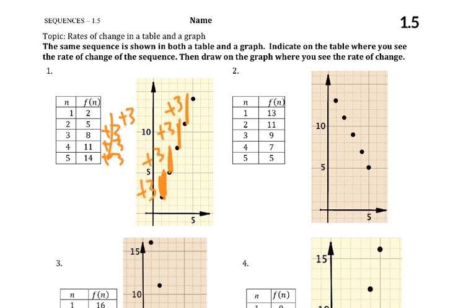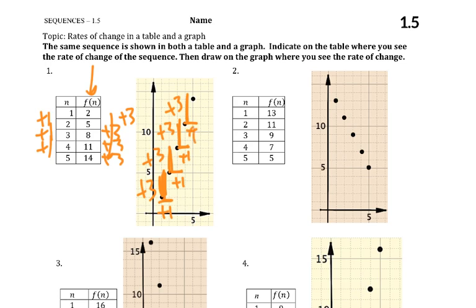That's the vertical. It's also interesting to notice that because we're going over 1 each time, we can also see that on the horizontal.